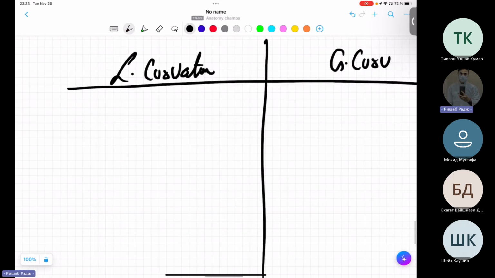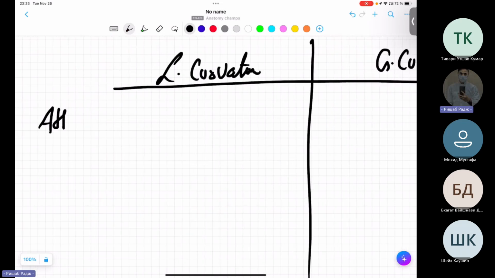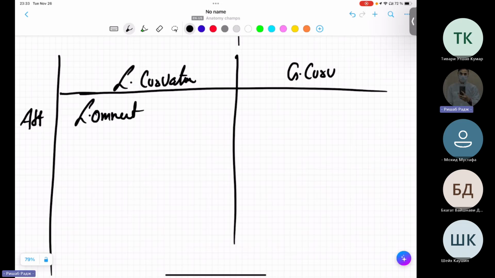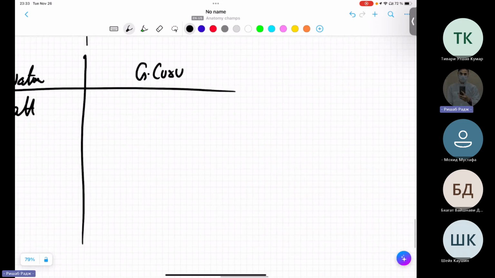So if I talk about the attachment, then what is attached here? At the lesser curvature, your lesser omentum is attached. What about the greater curvature? You will have three things which will be attached here. What three things? Let's see. Sorry, this is a fat stomach.